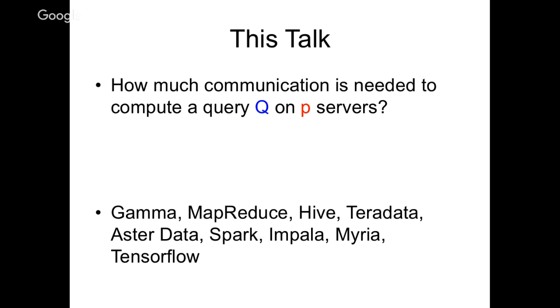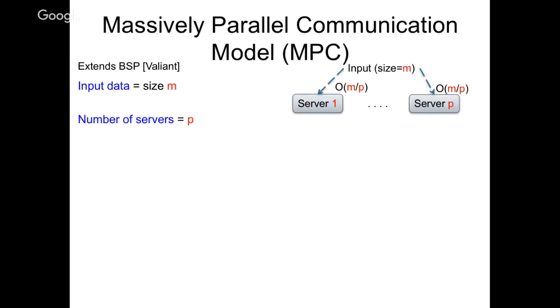This model underlies many of the modern data analytics systems, and also underlies the first shared nothing database architecture, the Gamma machine, developed by DeWitt at Wisconsin in the mid-80s.